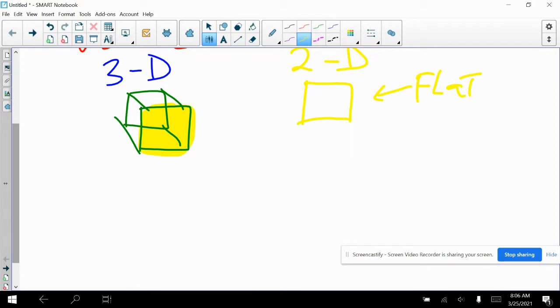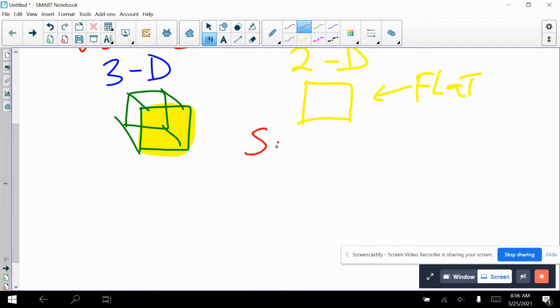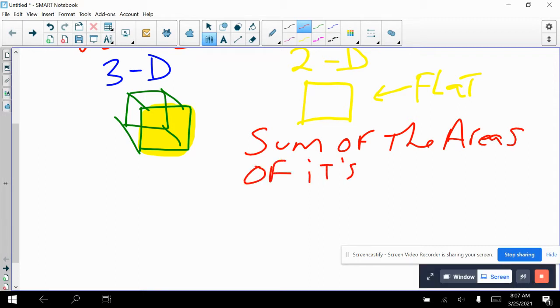The definition of surface area would be the sum, which means to do what in math? Add. We are adding the sum of the areas of its faces.